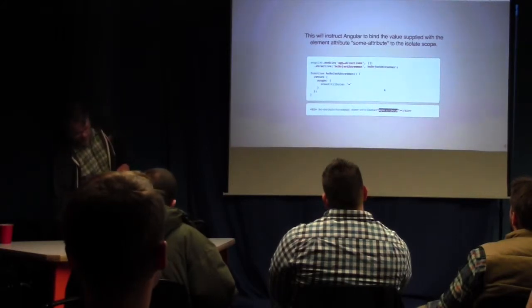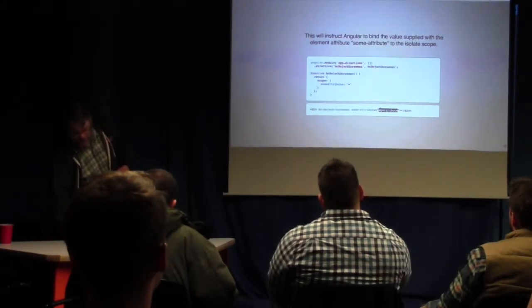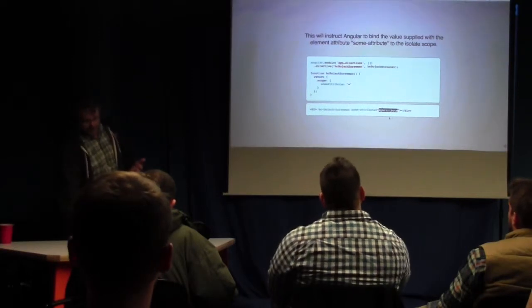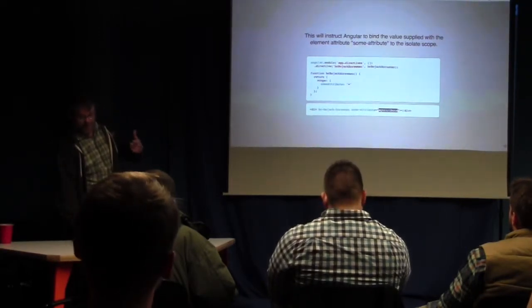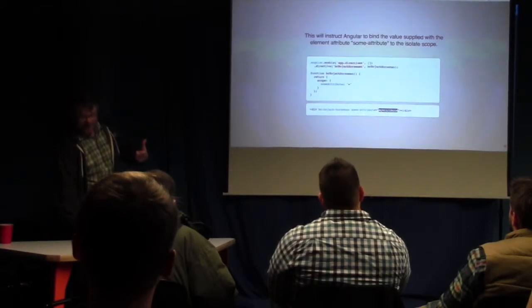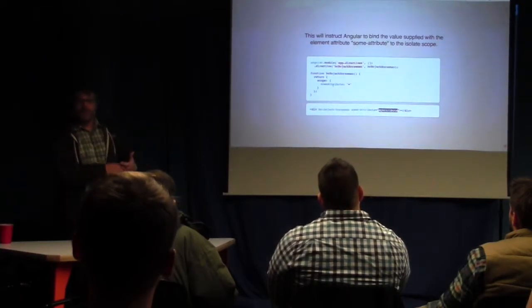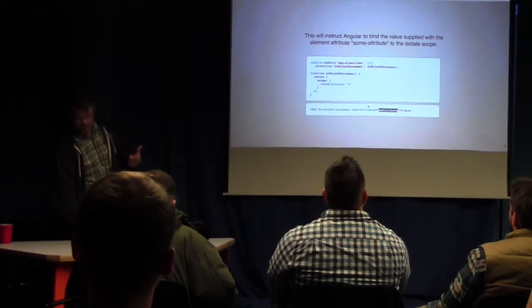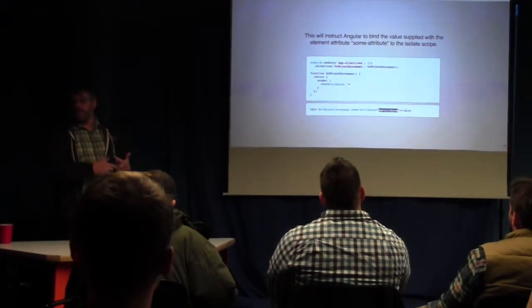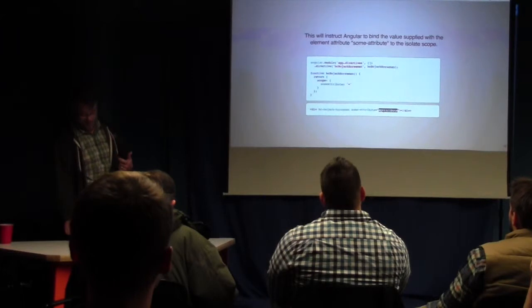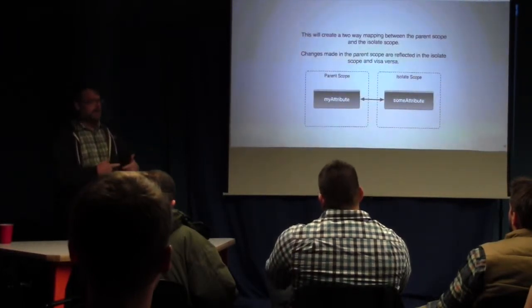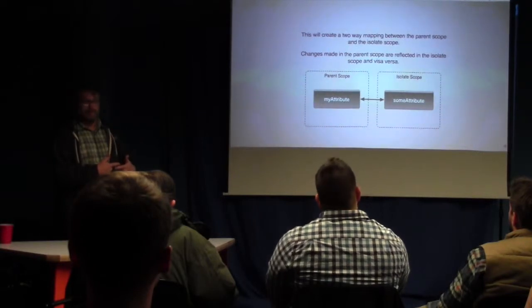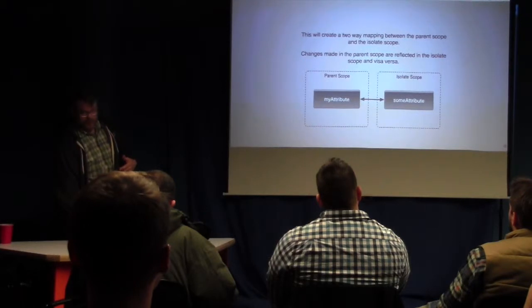And so what's going to happen is now anything that happens in this view, in that outer scope, that changes my attribute, or scope.myAttribute in the outer, is going to change the value of some attribute. And if inside your directive you change the value of some attribute, it's actually automatically going to be reflected in my attribute for you. So what that's doing is actually just creating a two-way binding in between there for you, from your isolate scope to your parent scope and vice versa.